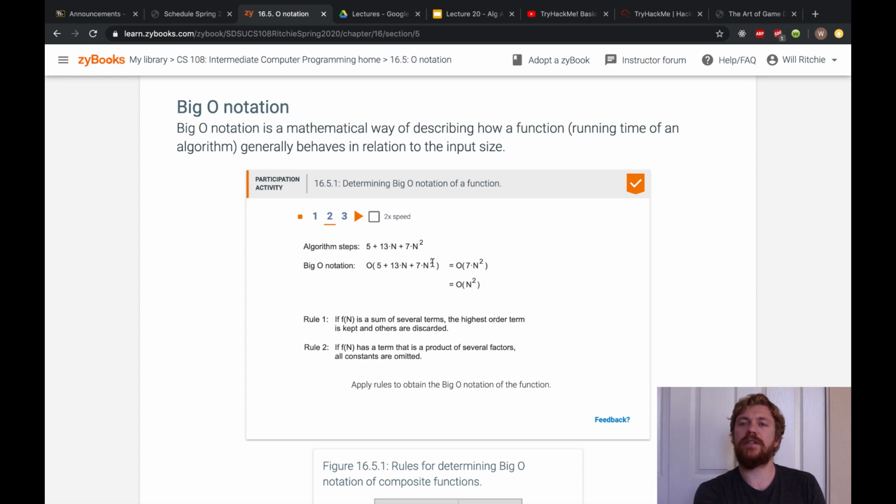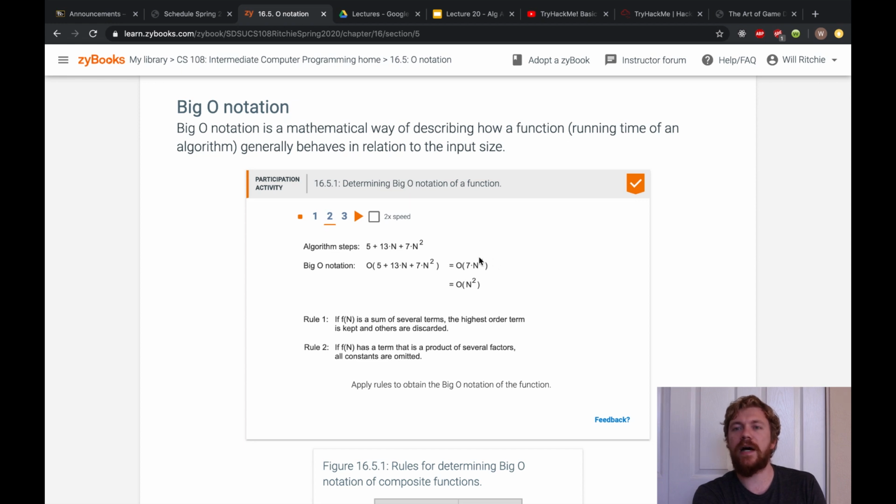If there was an n cubed, that would be the higher order term. And so you can see here, n squared is a higher order term than just n. And n is a higher order term than not having an n at all. And so 7n squared is the highest order term, so that's all we're going to keep. And so you can see here big O of 7n squared.